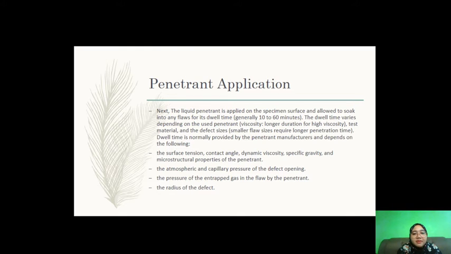Smaller flaw size requires longer penetration time. Dwell time is normally provided by the penetrant manufacturers and depends on the following. First, the surface tension. Second, the atmosphere and capillary pressure of the defect opening. Third, the pressure of the entrapped gas in the flaw by the penetrant. And fourth is the radius of the defect.